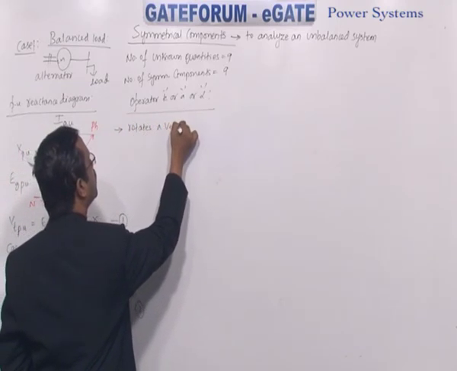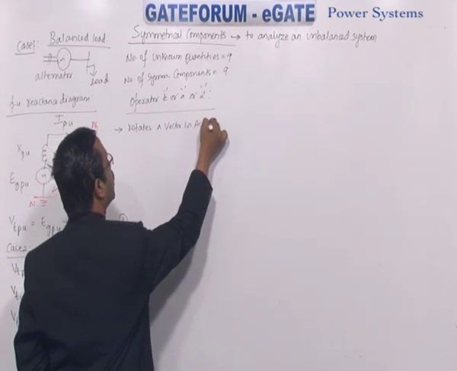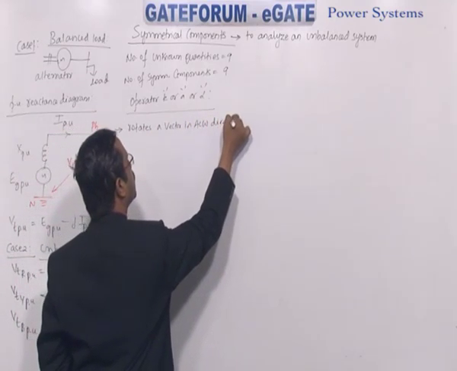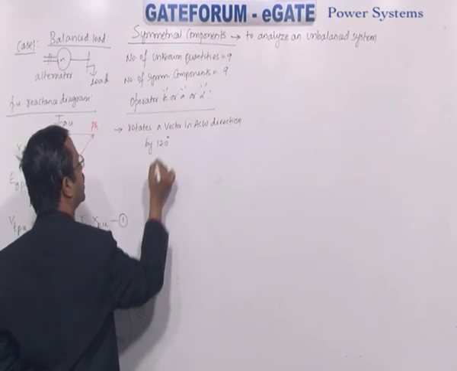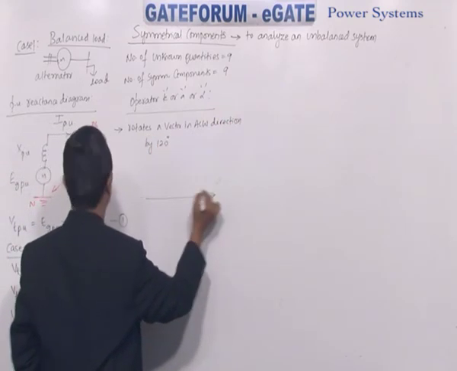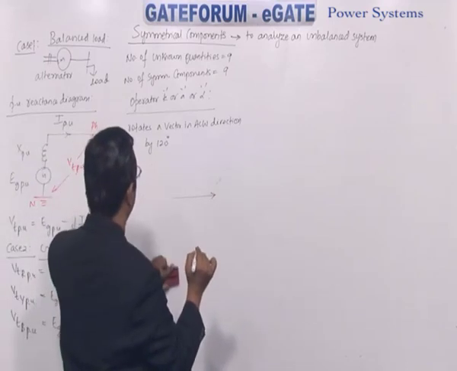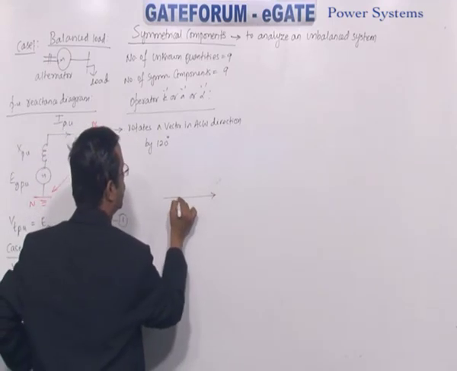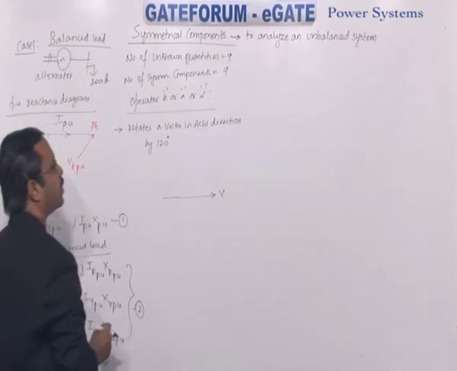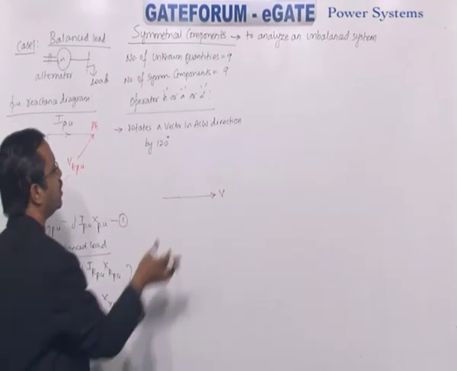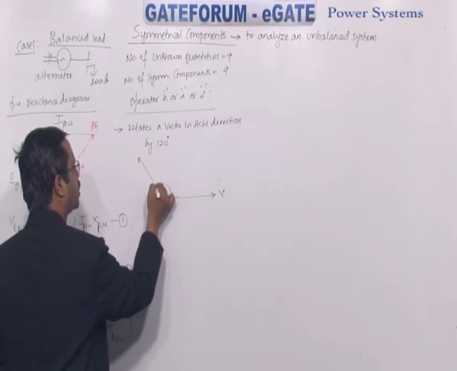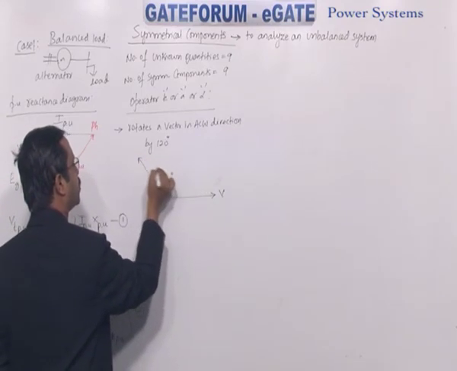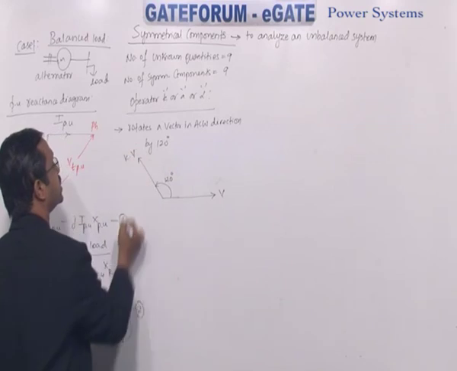Say the voltage is V. Apply operator K, it rotates V anti-clockwise by 120 degrees, so you get the vector kV.